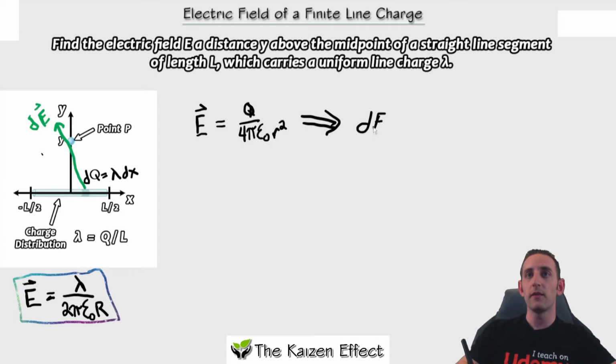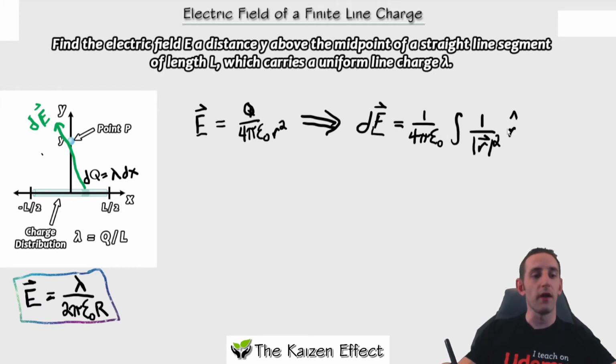We find dE, and that is an ugly E. I apologize. I'm still getting used to this pad. But that is equal to 1 over 4 pi epsilon naught. And then we have the integral of 1 over r, the vector, squared, r hat in the direction of r hat.